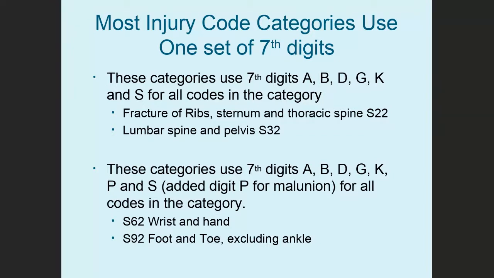For example, for fracture of ribs, sternum, and thoracic spine, and lumbar spine and pelvis, that's S22 and S32, all of the codes in those categories use these digits, A, B, D, C, G, K, and S. Another example is the S62 and S92, wrist and hand, foot and toe, include all of the codes within these categories use A, B, D, G, K, P, S. Now this one has a digit P for malunion that was not included in the ones up here. So this one includes one more digit than these do.